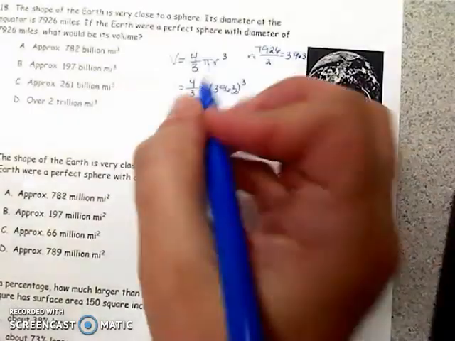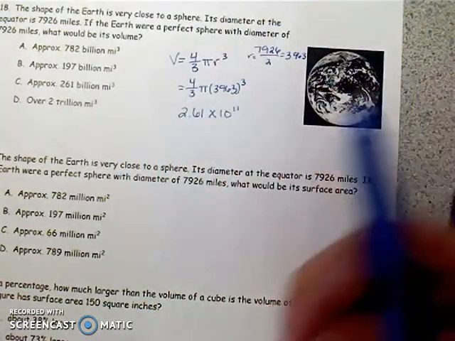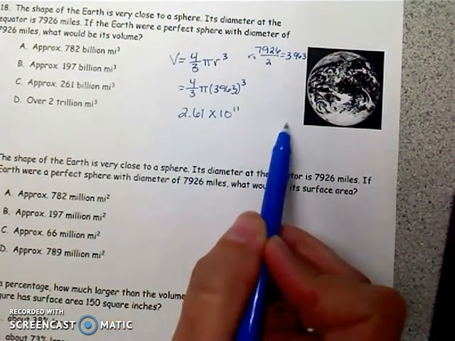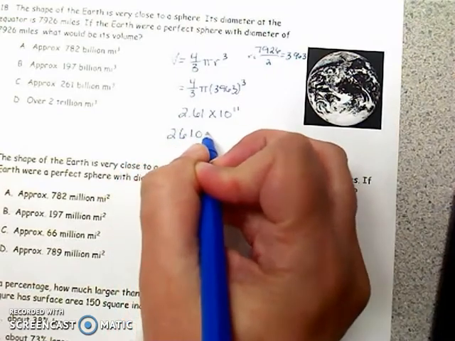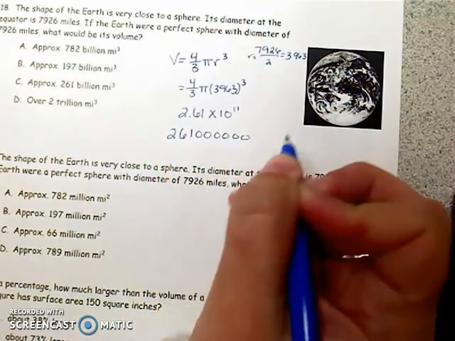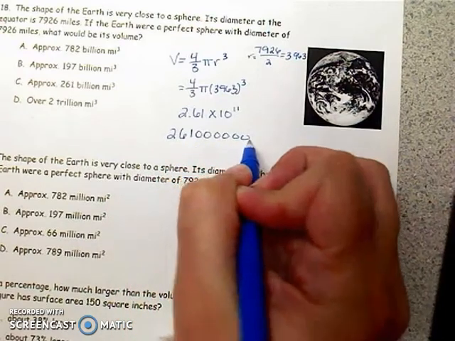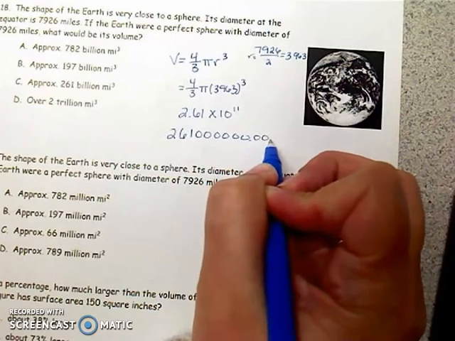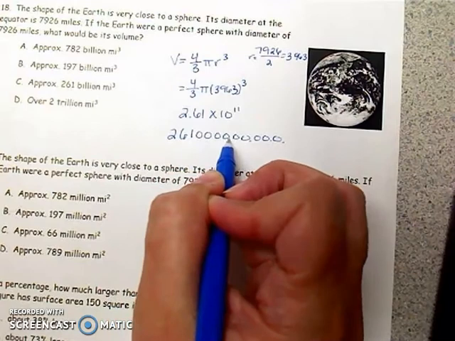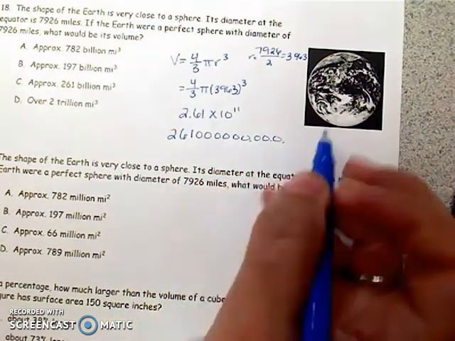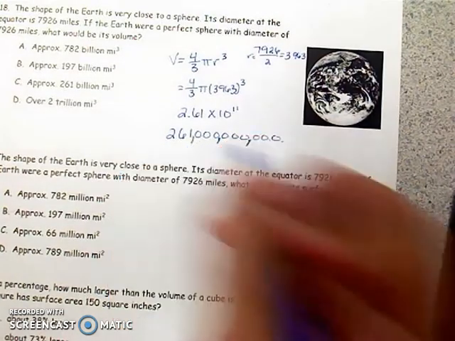So if I move this decimal 11 places, let's go ahead and do that, and I'm just going to put zeros. 1, 2, 3, 4, 5, 6, 7, 8, 9, 10, 11. Okay, so here's a comma, and here's a comma, and here's a comma.